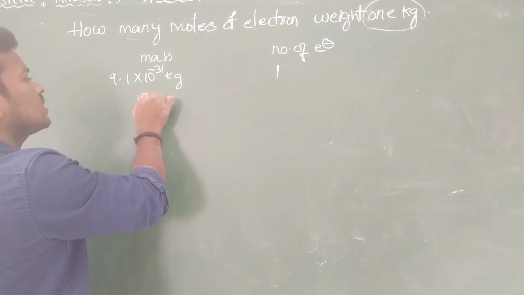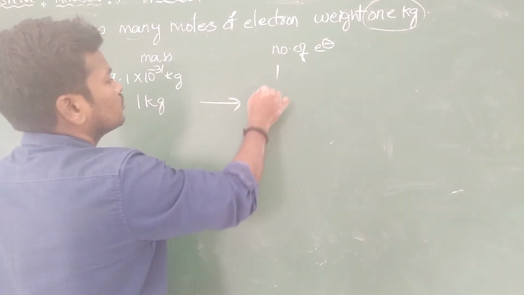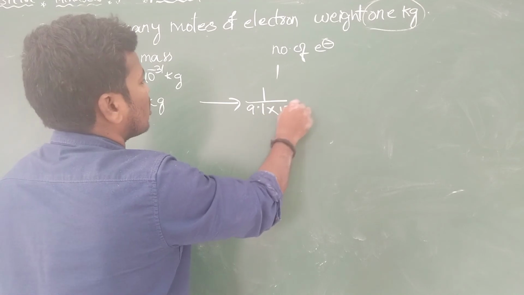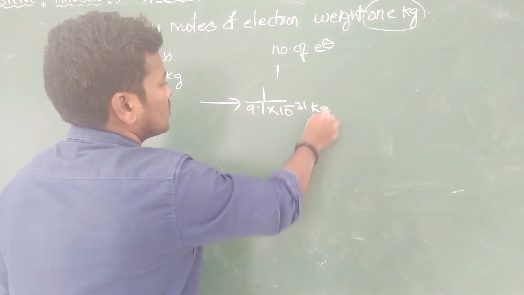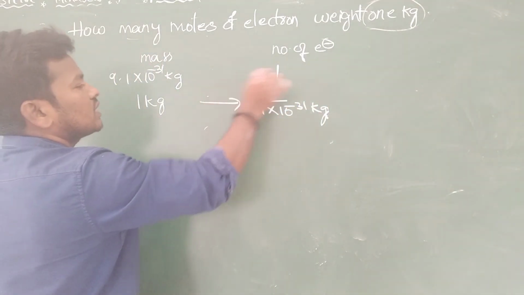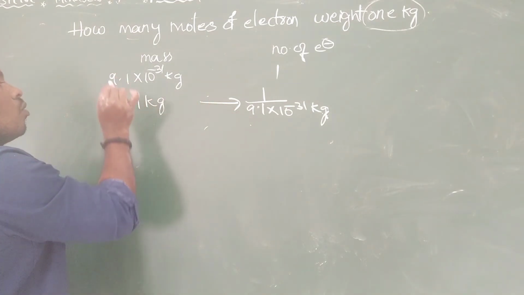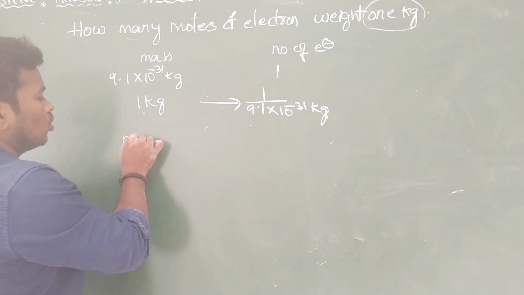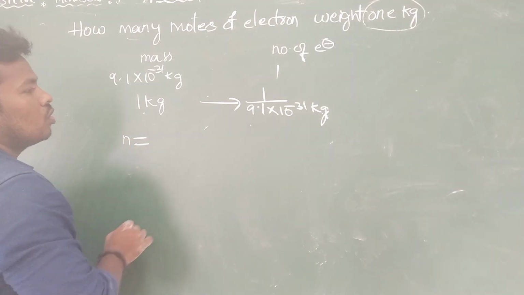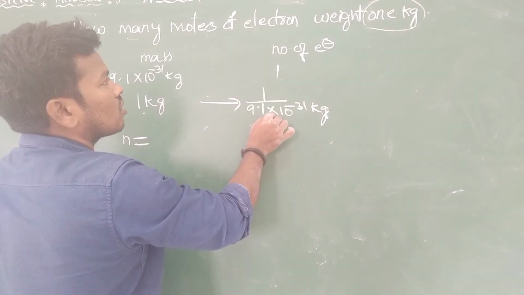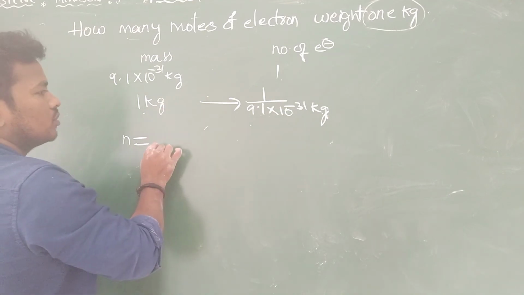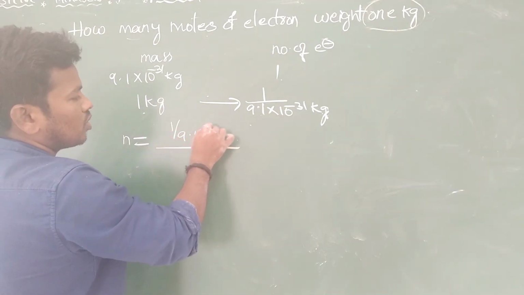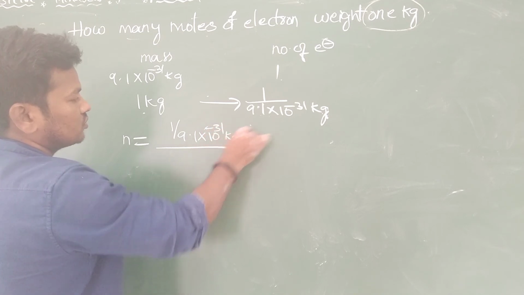So 1 kg contains how many electrons? Doing the simplification, 1 upon 9.1 into 10 to the power of minus 31 kg: this many electrons are present in 1 kg. Now they are asking the number of moles. Number of moles is equal to the given number of electrons upon Avogadro's number.